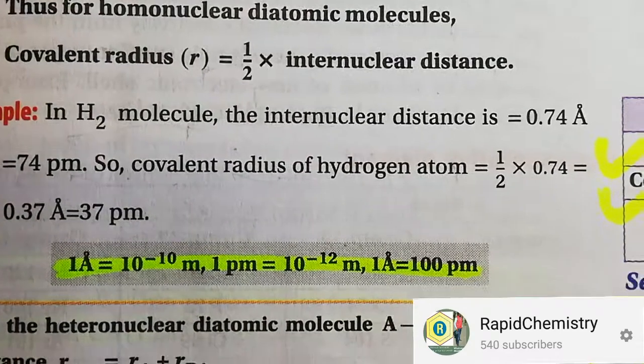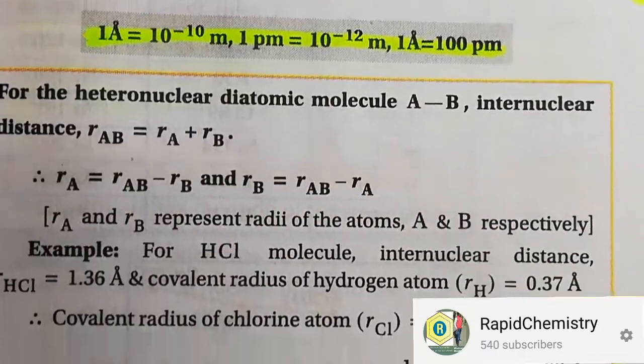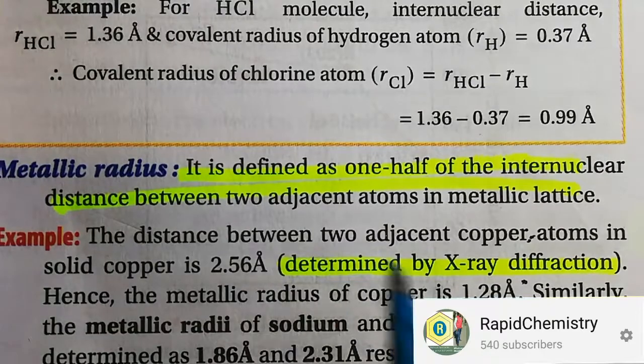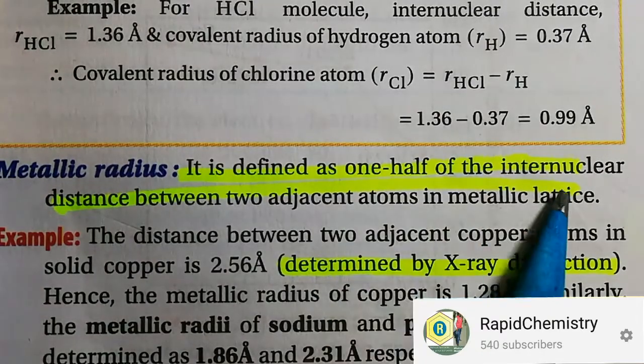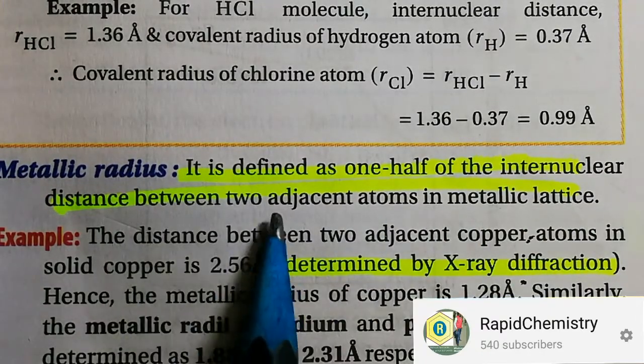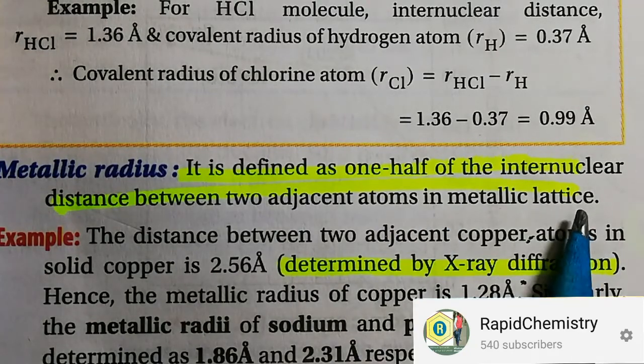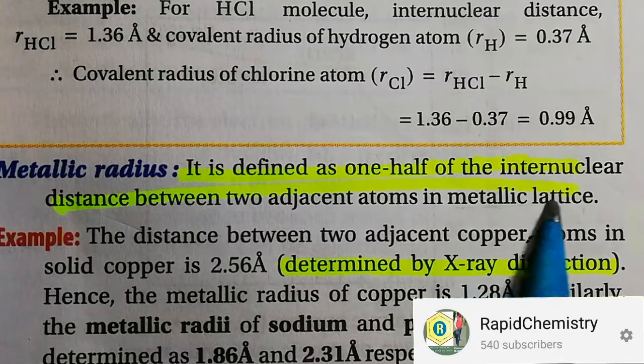Next we move to metallic radius. It is defined as 1/2 of the internuclear distance between two adjacent atoms in a metallic lattice. We know metallic atoms are there in a crystal form and they exist in a metallic lattice.